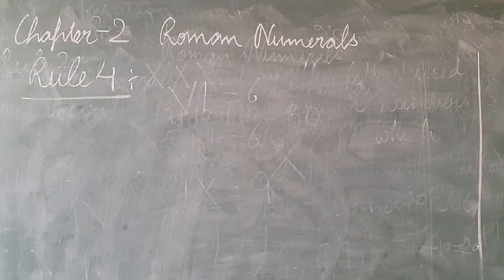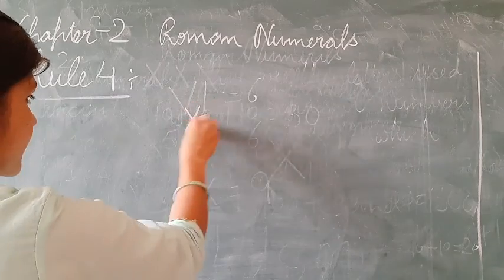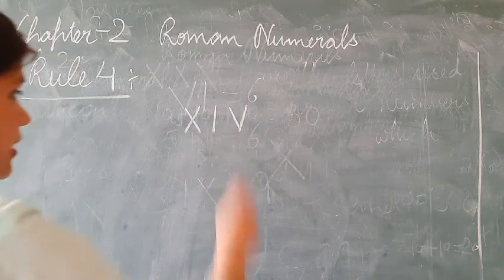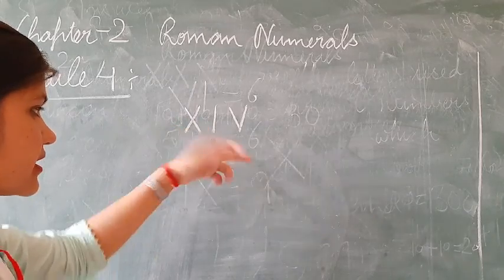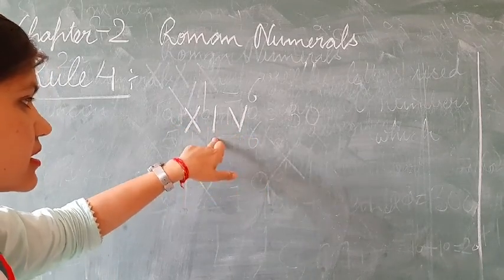Immediately following it means if I write X, I, V. Here I is the smaller numeral, X is greater and V is also greater than this I.